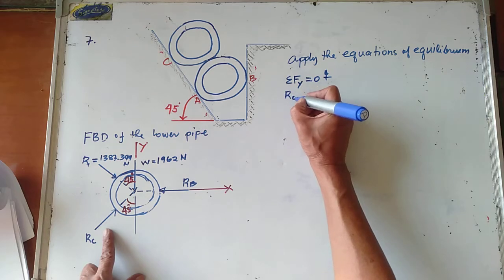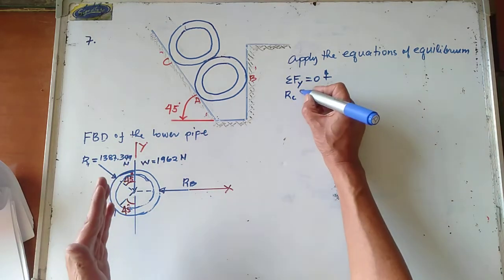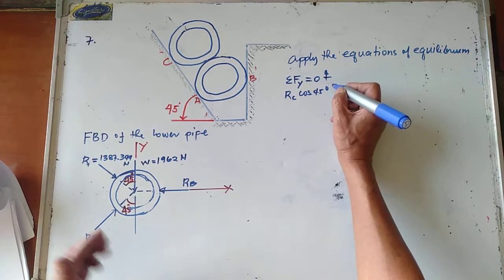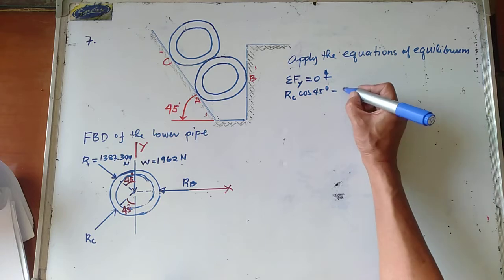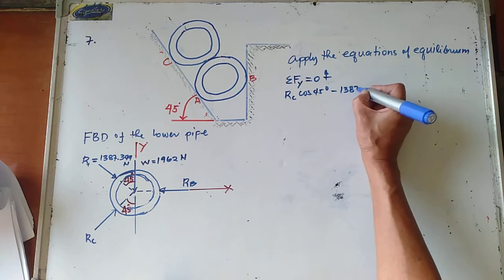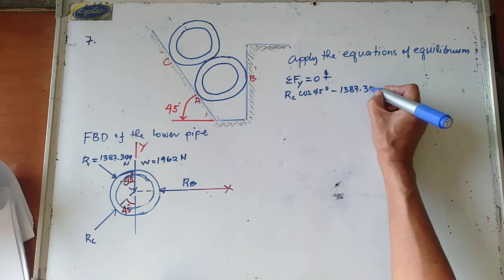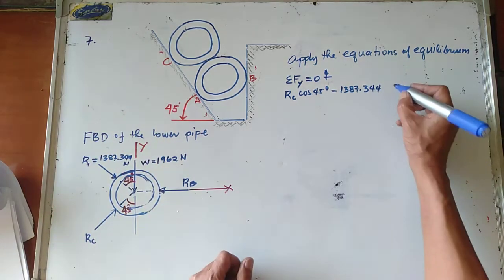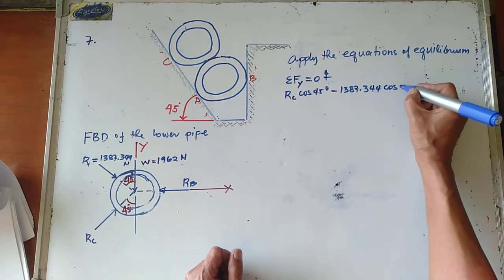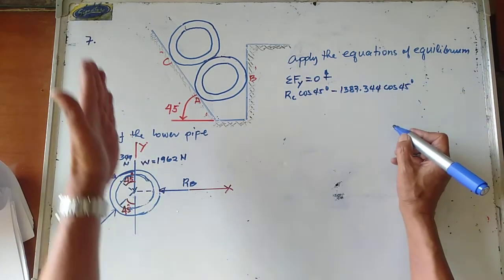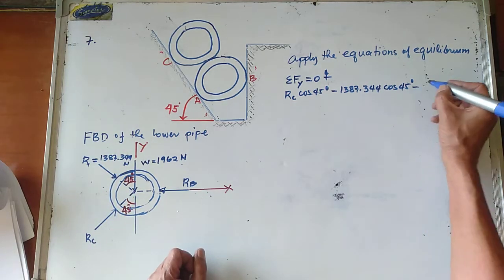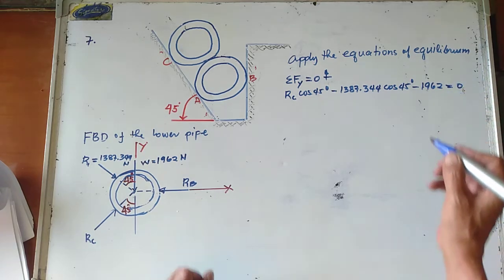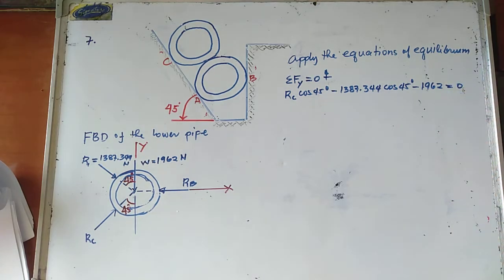So RC cosine of 45 degrees minus R1, and R1 is 1387.344 newtons, cosine of 45 degrees, and then minus W, 1962 newtons is equal to 0.